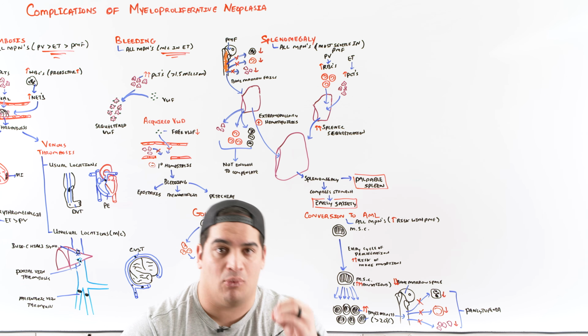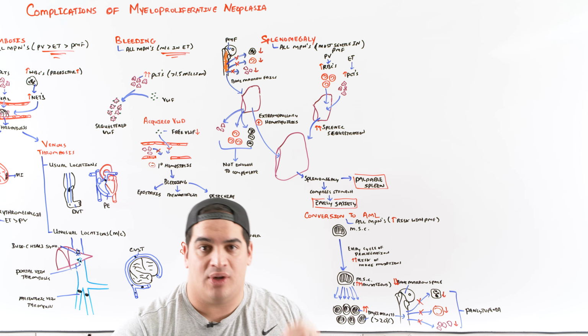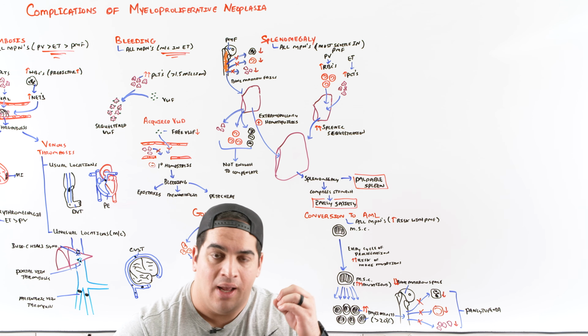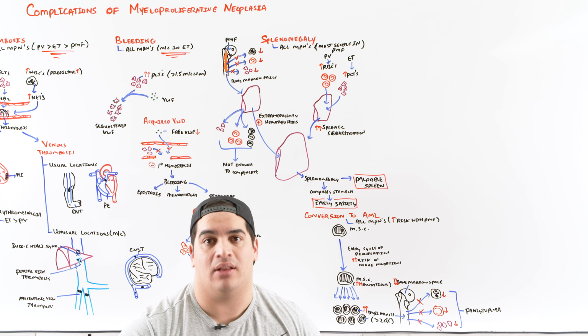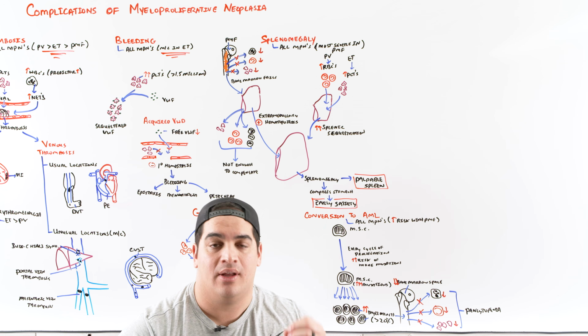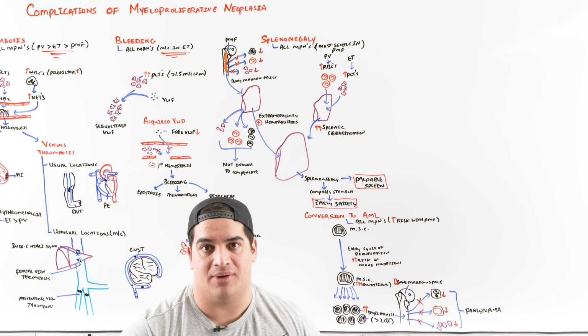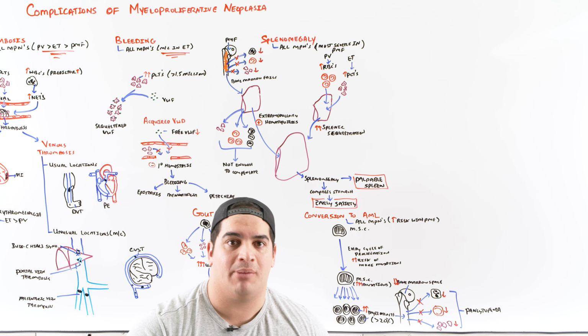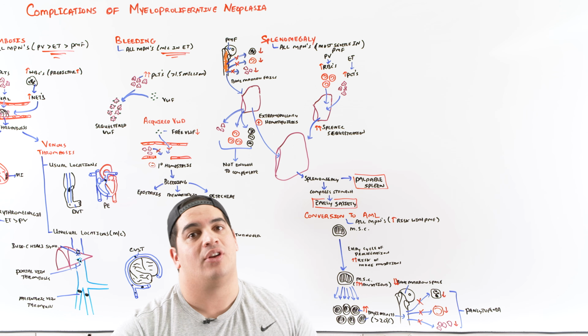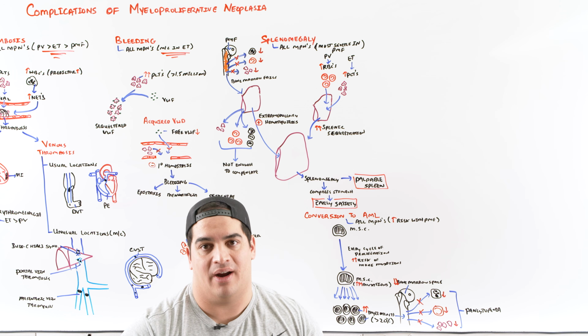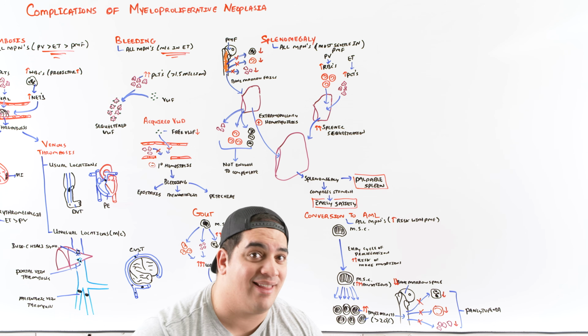You're going to see bleeding more commonly in essential thrombocythemia. You can see gout in all of them. You can see a high risk of splenomegaly and conversion to AML with primary myelofibrosis. If I said the patient has aquagenic pruritus and facial plethora, though, you should really think about Polycythemia Vera. All right, my friends, that's a lot of things to talk about.